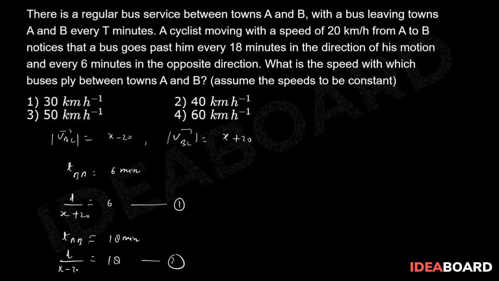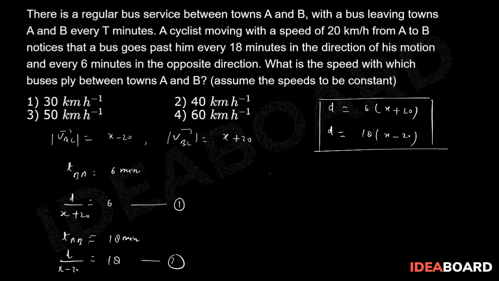So you can write that D is equal to 6 into x plus 20, and from the other equation D is 18 into x minus 20. Now both are D, so you can equate them. So it gives us 6 into x plus 20 is equal to 18 into x minus 20.